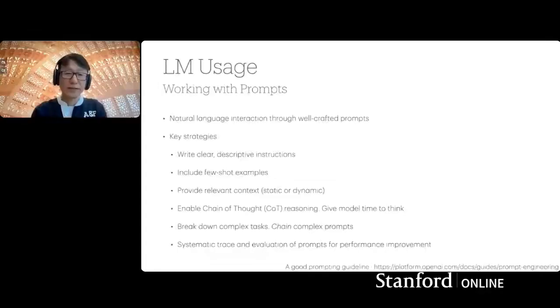Instead of asking the model to answer right away, you could give the model time to think about it, such as enabling reasoning or using the chain of thought, or COT, method. The next one is, instead of asking the model really complex tasks, you could break them down and ask them in a chain, in sequence. Also chain the complex prompts.